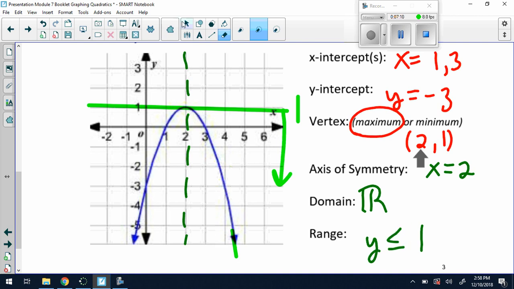Again, anytime my vertex is my maximum, my range will be y is less than or equal to whatever the y coordinate is. And that's how we find our key features from our graphs.